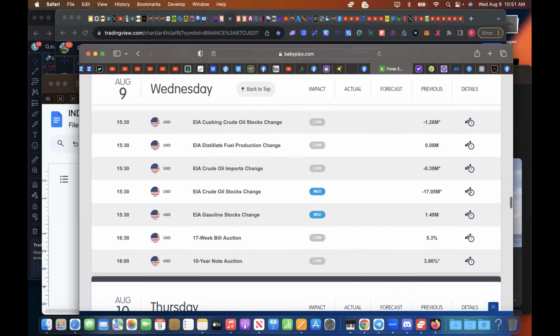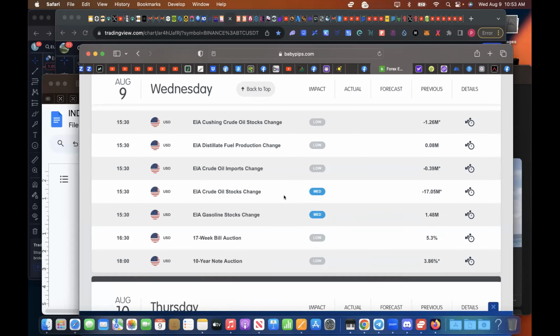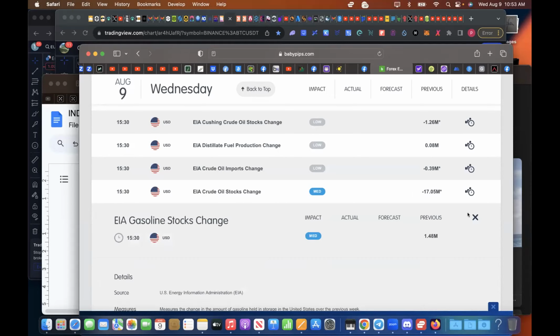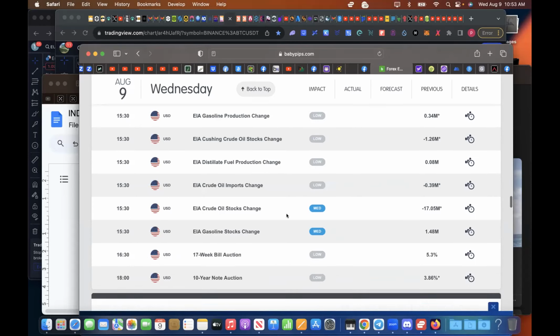Let's look at what was forecasted. Nothing was forecasted. Previous was negative $17.05 million. So if this is higher, then we can get more, and I'm suspecting it's going to be higher, so the market is going to continue.